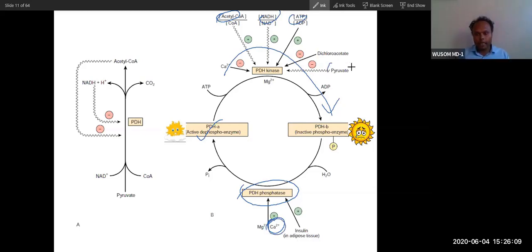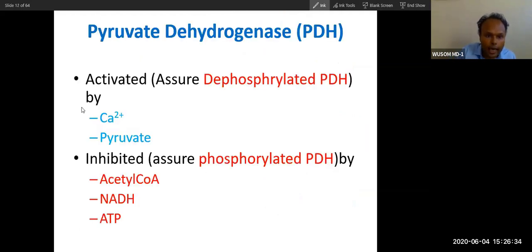Here pyruvate inhibits this enzyme, and that is how pyruvate is activated here. Pyruvate will activate this conversion. So remember pyruvate and calcium. Because pyruvate has to convert into acetyl coenzyme A, it has to activate, not inhibit. This is a principle: a reactant always activates the reaction. So you can see these are the activators now.